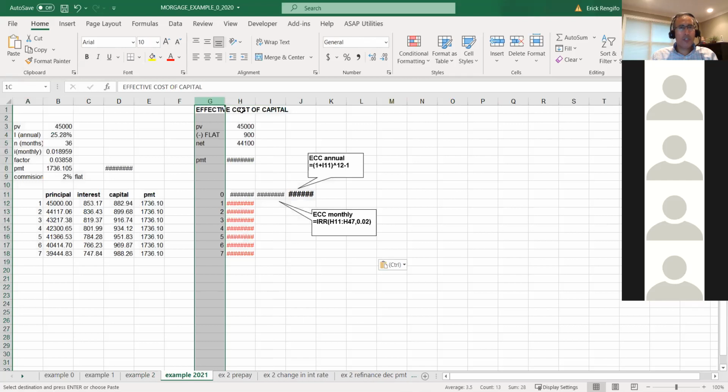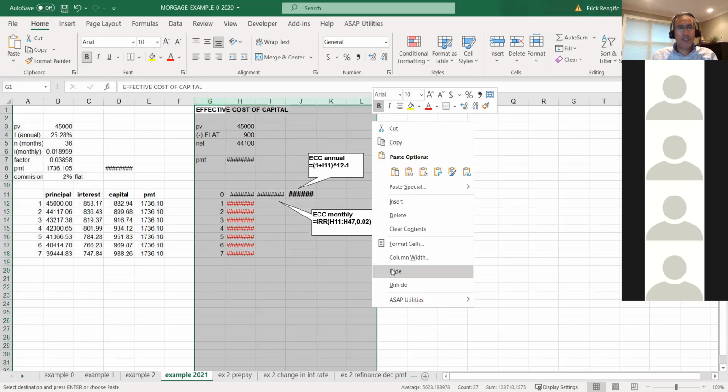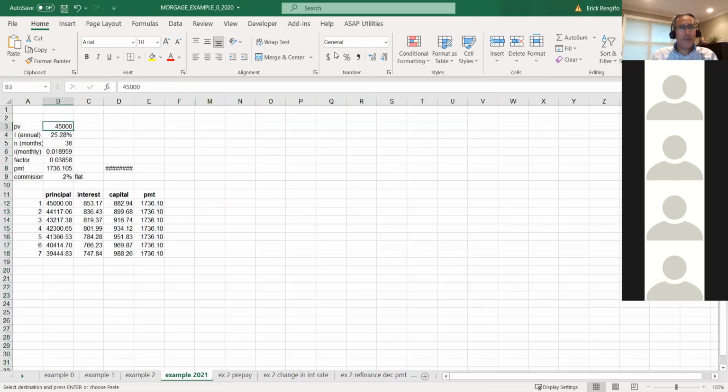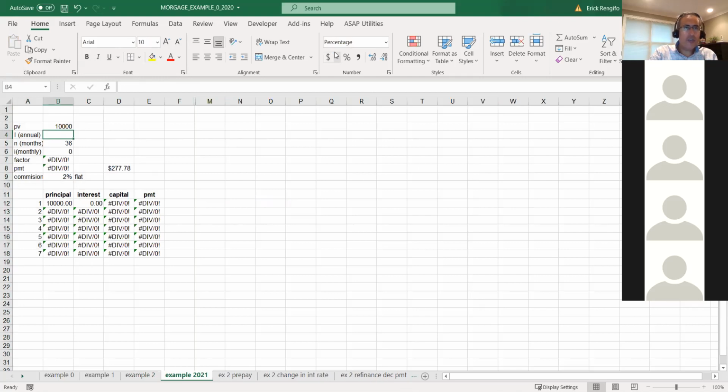Ignore for a couple of minutes, guys, this part here. We don't have this part here. So what I'm telling you is I have $10,000. I don't have the annual interest rate. I have immediately the 4 months, and I know that this is 0.02, so it's 2%.